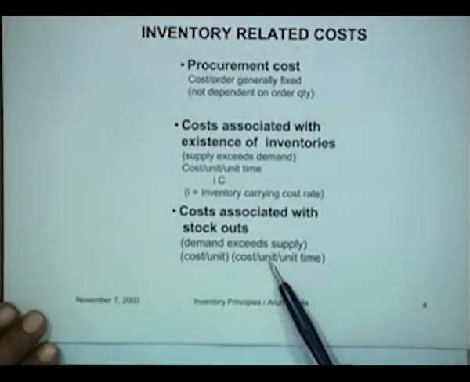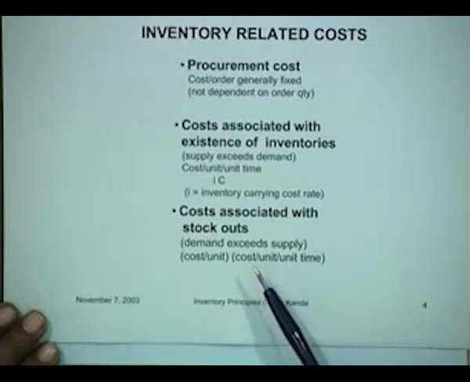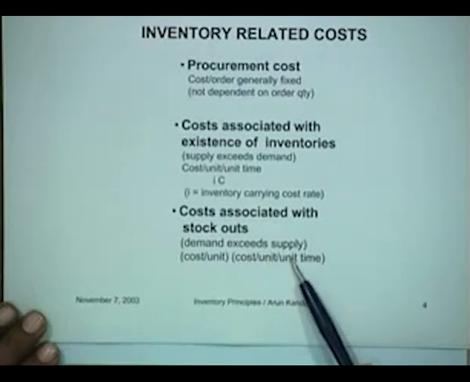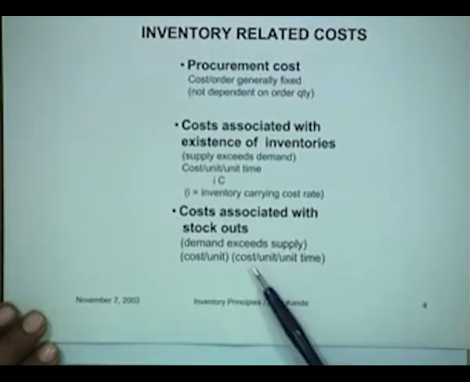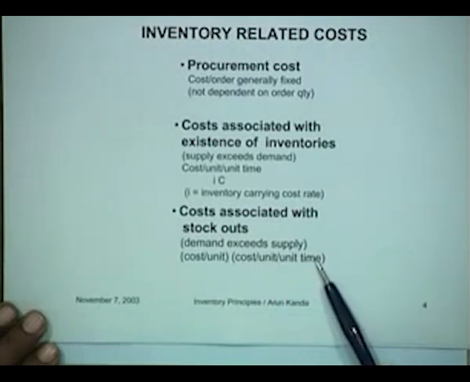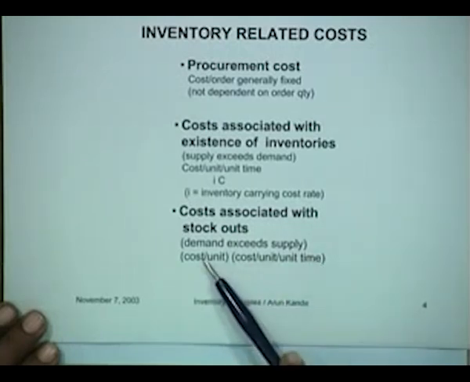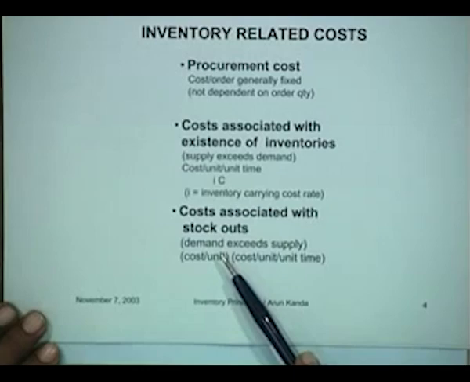Because when you deal with a back ordering situation, the cost associated is a function of the cost per unit time, that is after how much time can you satisfy the customer. So generally back ordering cost would have these units. But when it comes to a lost sales, if a customer walks into a store and he doesn't find a particular shampoo of his choice, he just walks away from it.